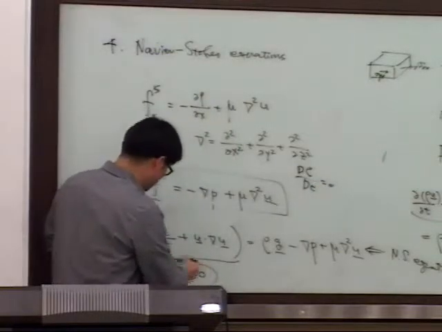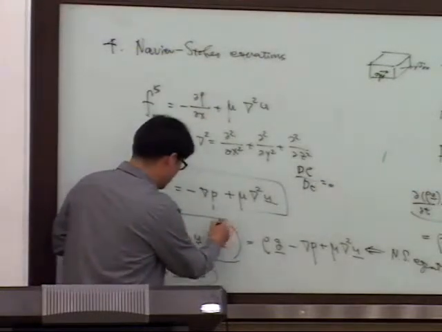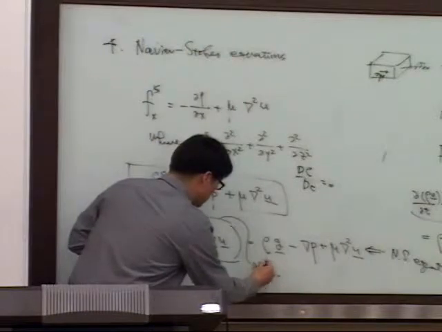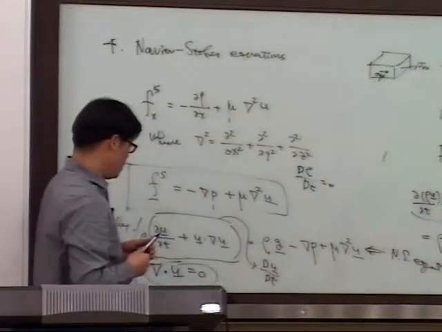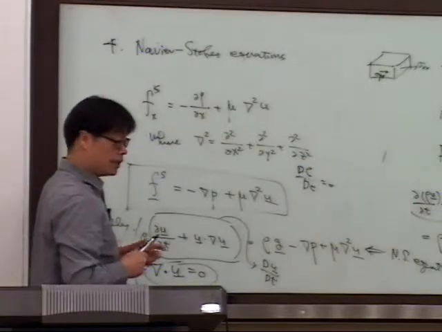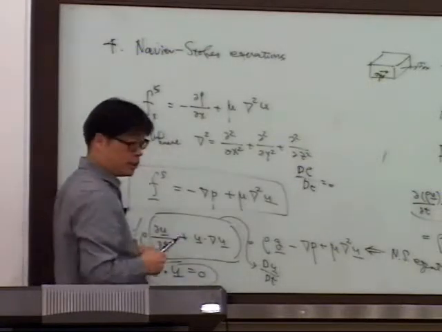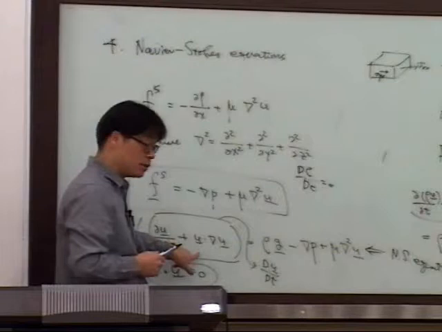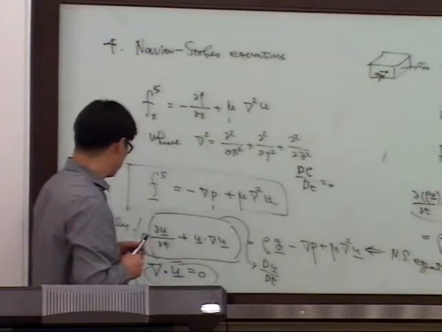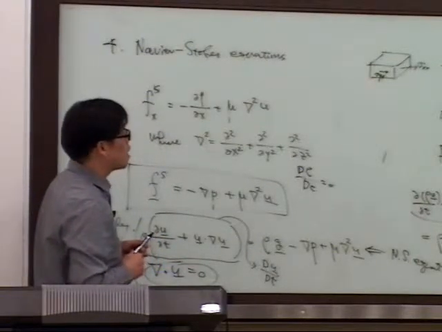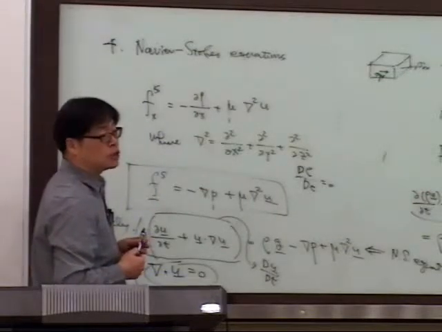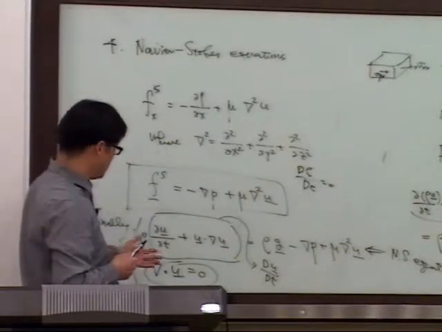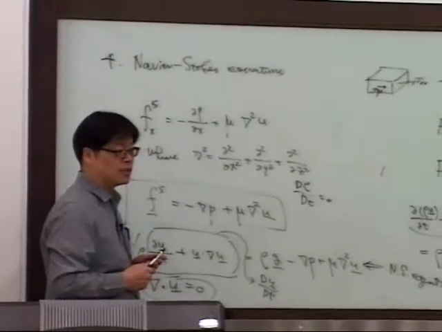And one more thing: this part inside the parentheses is the material derivative of velocity. That's why this is acceleration, mass times acceleration. So from now on, all we have to do is solve this system.